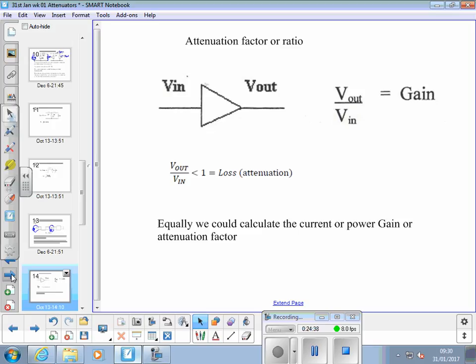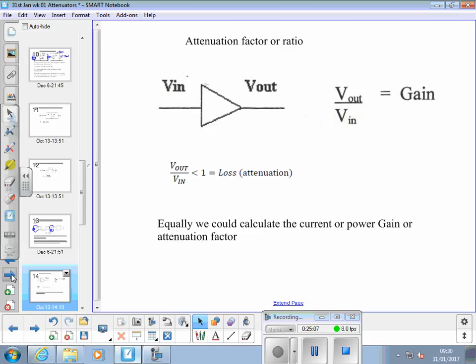So if V out over V in is less than 1, i.e. we're getting less out than we put in, we haven't got amplification, we haven't got a gain, we've got attenuation. So the ratio is less than 1, we have an attenuation. V out over V in gives you that. Okay.